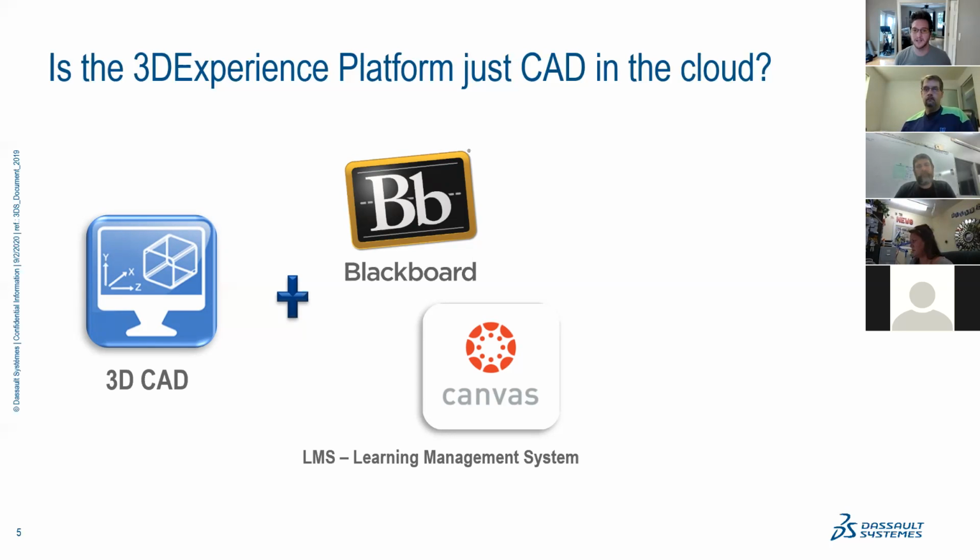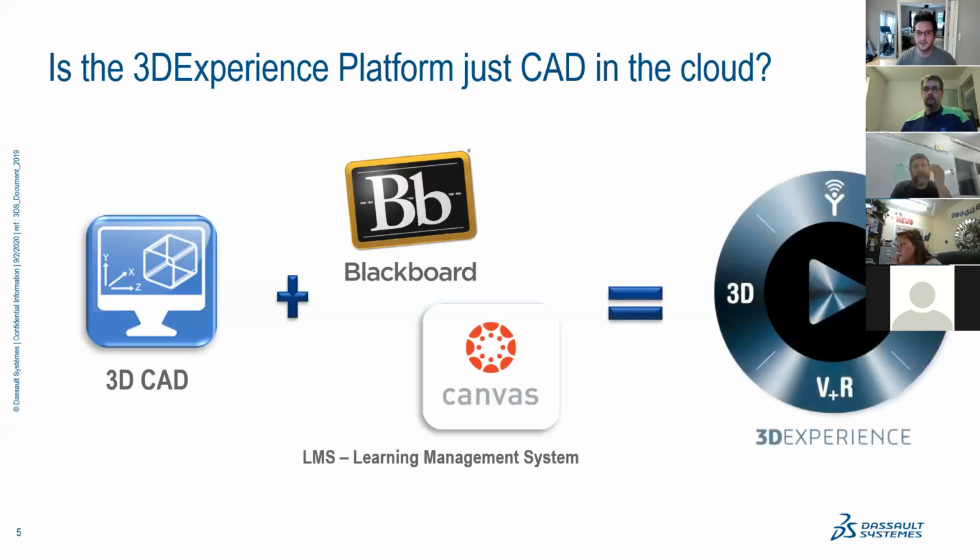So it's almost like you have an LMS system. You can make an individual space for each student to save their files, and that way they can't interact with the other students and they can't copy their files and pretend it's theirs. But even if they did do that, you have the ability to check and see if they actually cheated as well. So the platform itself is a combination of CAD and LMS at the same time. And I'll go through a bunch of those features so you can see what that looks like.